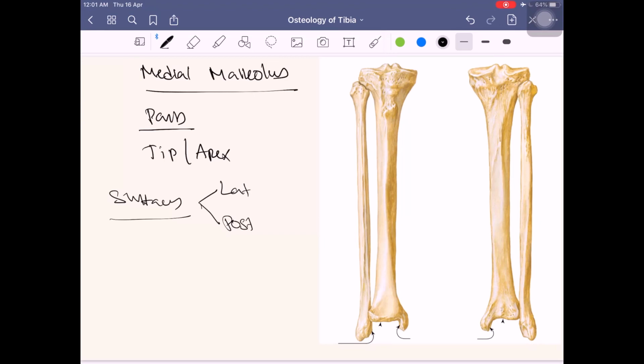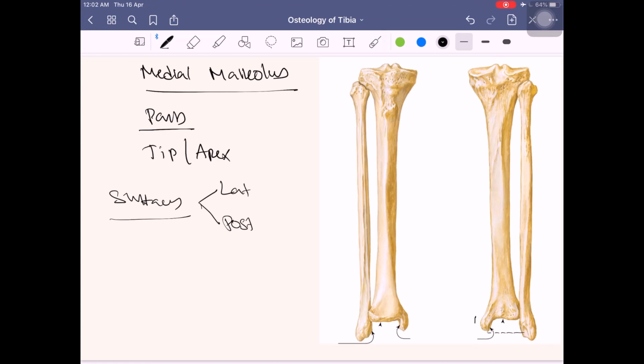So this is your tip. If you put a line, it is lying higher than the lateral one. I am not able to show it here, but the tip is lying at a higher level. That means your medial malleolus is shorter than the lateral malleolus.